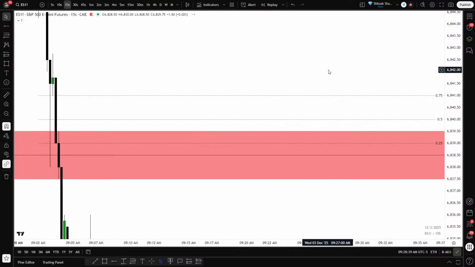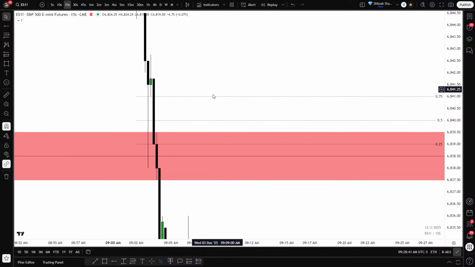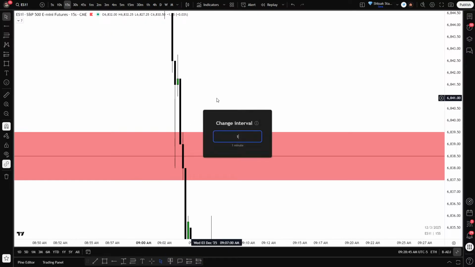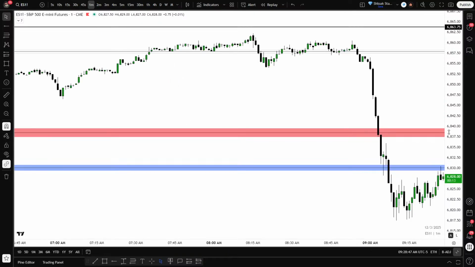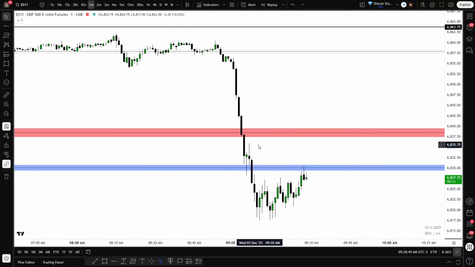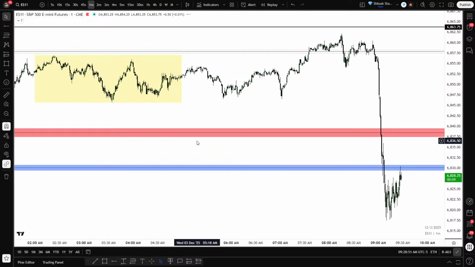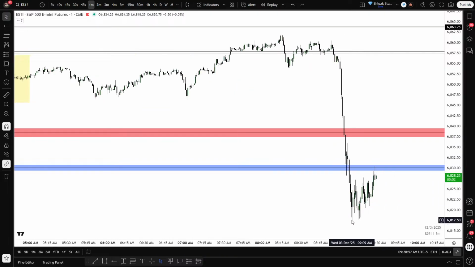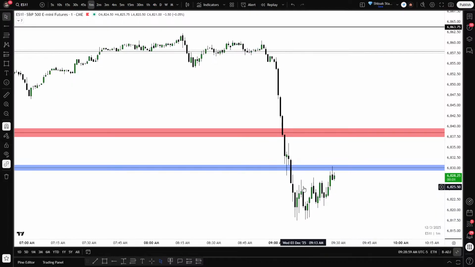What I would do, yeah, it could come back up here. That's what I'm looking at on the open. Pretty reasonable for a pop, but just watch it. Don't trade it. Just watch it.